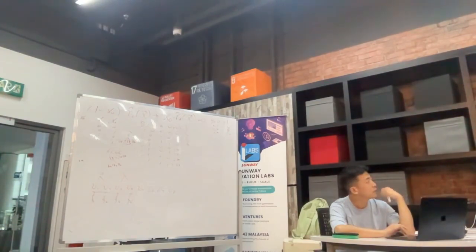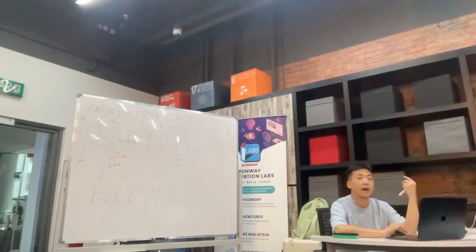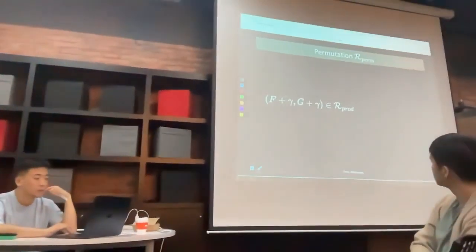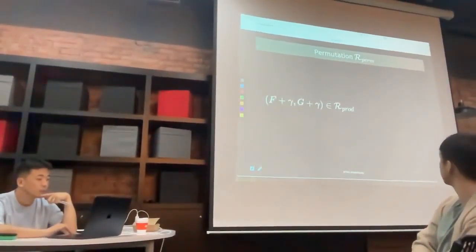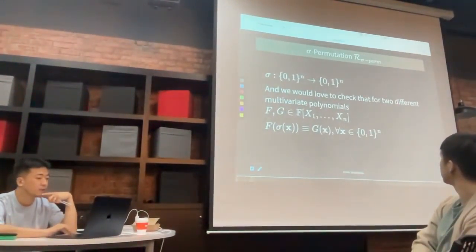So there will be a permutation relation. If we add some randoms there, and the grand product still has the same value, there will be some permutation. We need to think about the sigma permutation here.